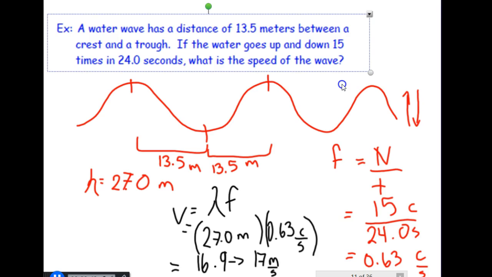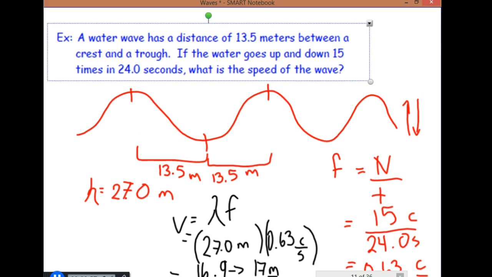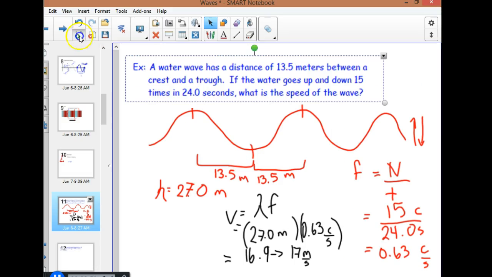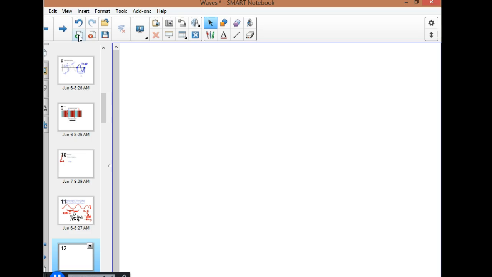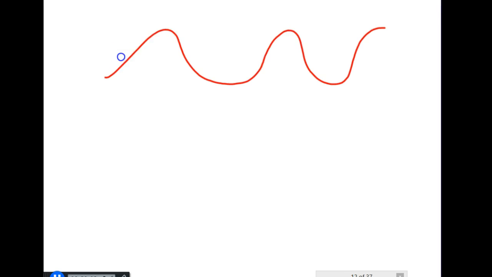It is possible to use v equals lambda over T. It's still 2 steps though. Alright, so I'm just going to draw this wave again.